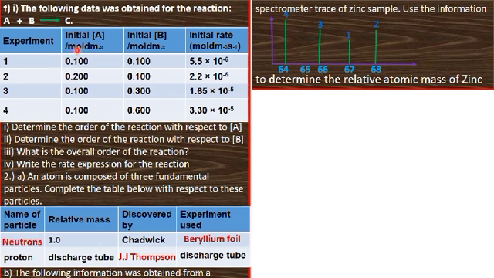So what has happened to the rate of the reaction? It has gone from 5.2 times 10 raised to power negative 6 to 2.2 times 10 raised to power negative 5. Note, this is very important. Please pay attention to the whole number part, but most importantly, to the 10 raised to power something.